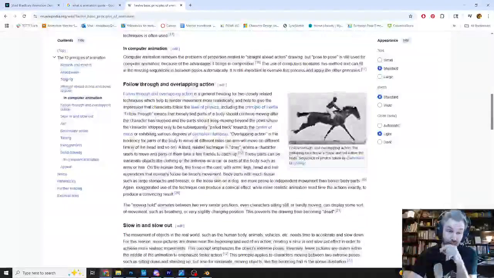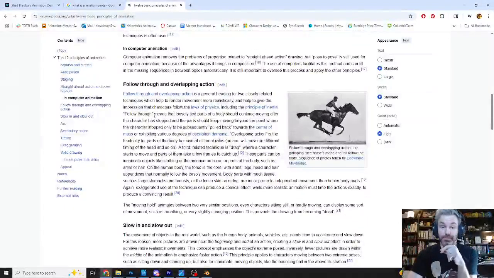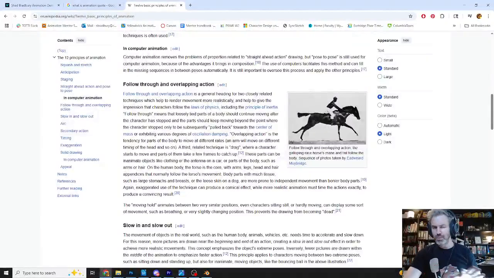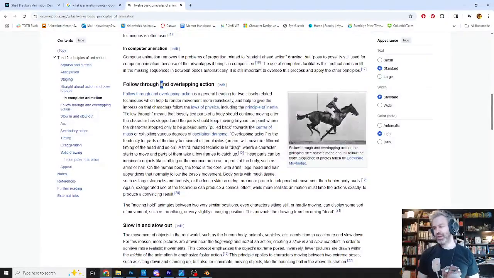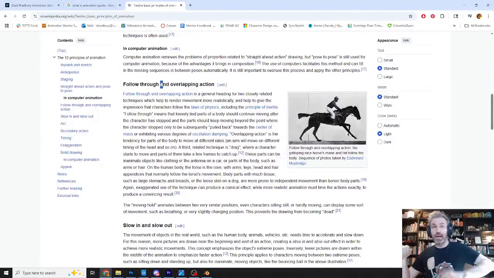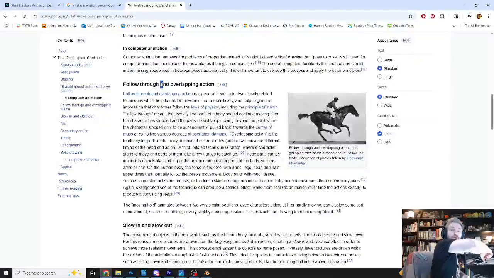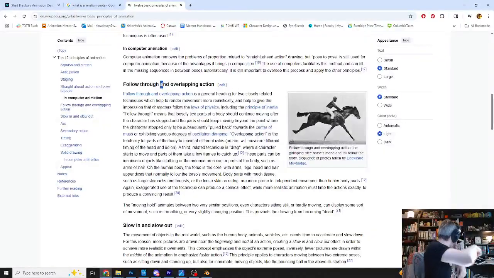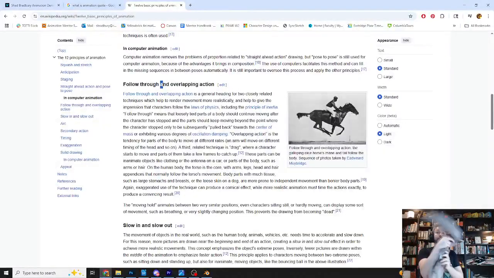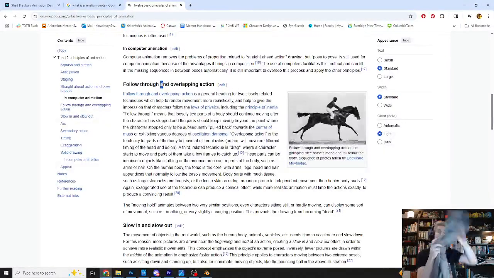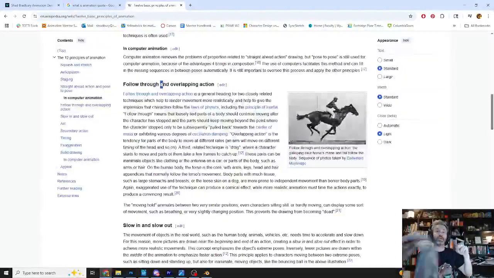Follow through and overlapping action. An easy way to think about follow through and overlapping action is like long hair or clothing. Like if I go like this, I don't have a very loose shirt, but if I went like this, let's see, I go like this. What you just saw there was overlapping action, right?